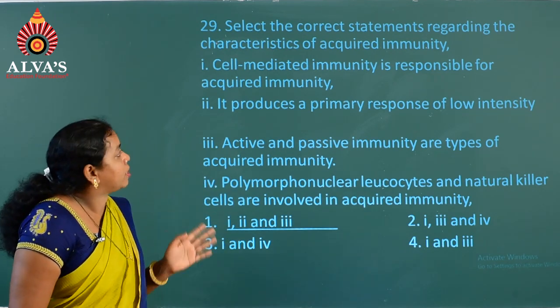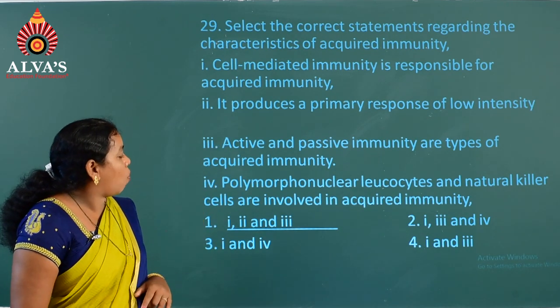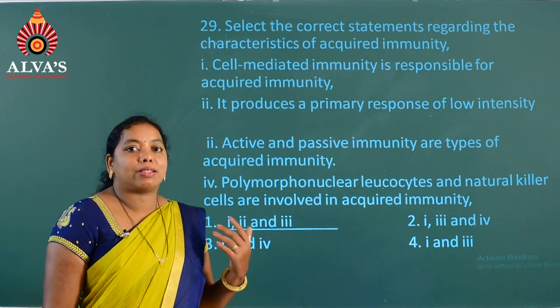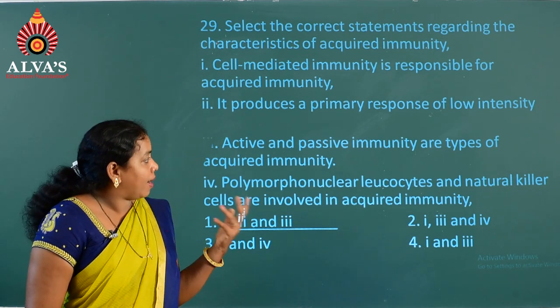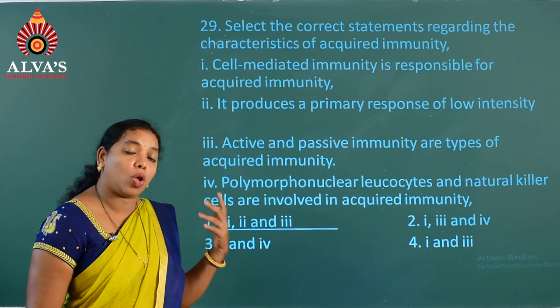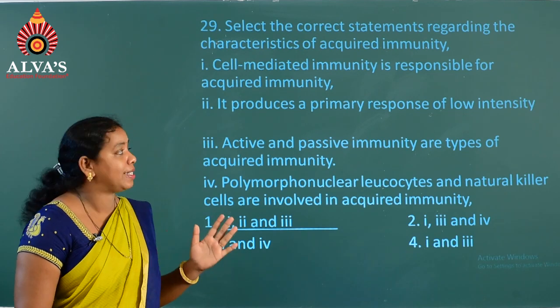The first option, cell-mediated immunity is responsible for acquired immunity, is true. The second one, it produces immune responses of low intensity and also high intensity, that is an amnestic response, while the primary response is always of low intensity.